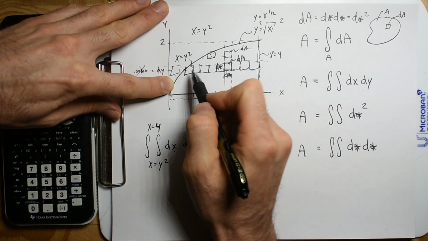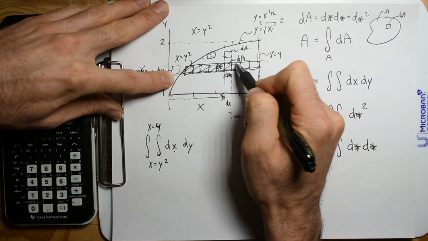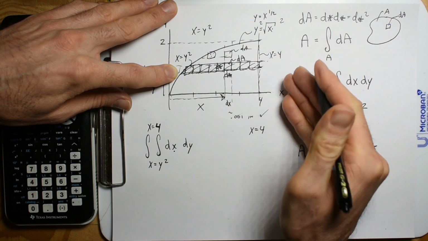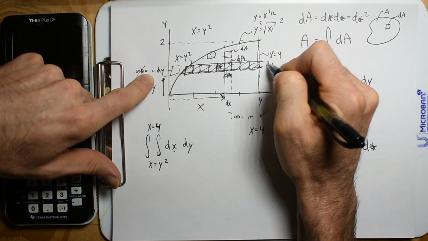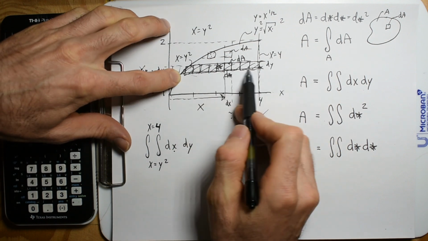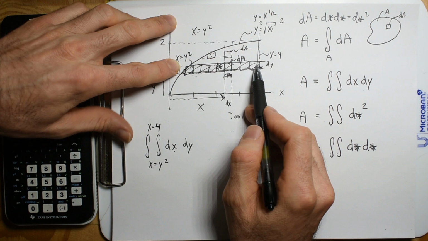Once we do that, we get this slice, some sort of area. It's still a really small area because we still have a dy width, which is supposed to be infinitesimally small. So this area ain't nothing, because it's just a really small slice.